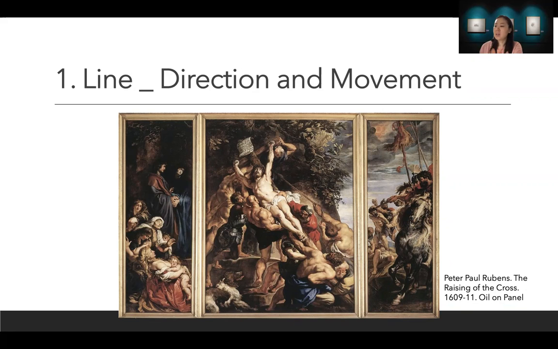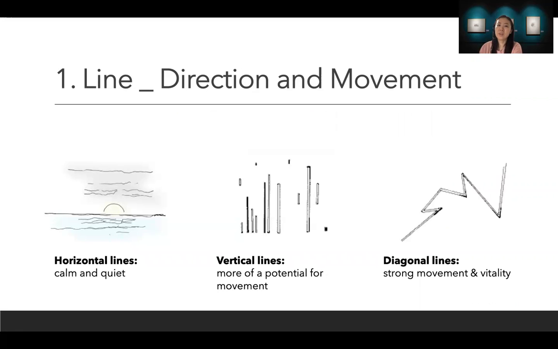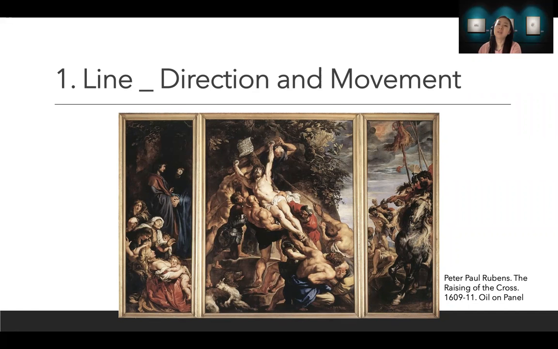And everyone, look at this painting closer. Can you guess which direction of line we can find in this painting? We just saw three directions of line: horizontal line, vertical line, and diagonal line. Which lines can you find in this work of art? All of them?